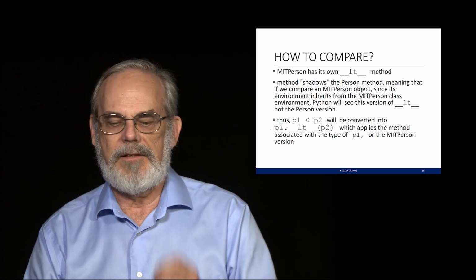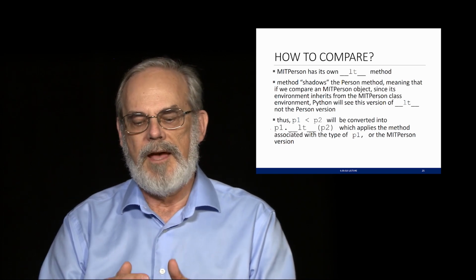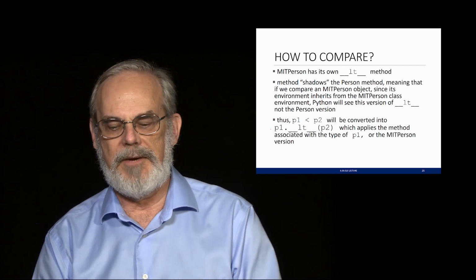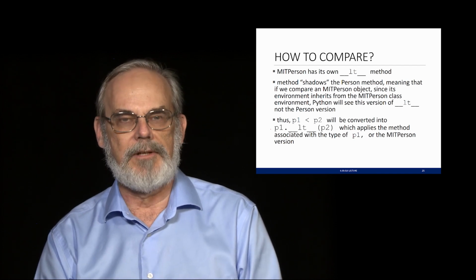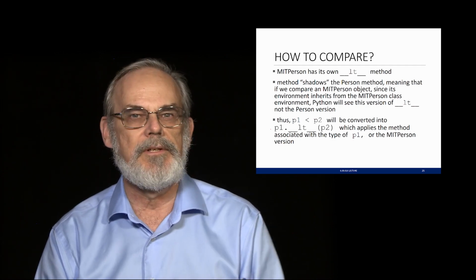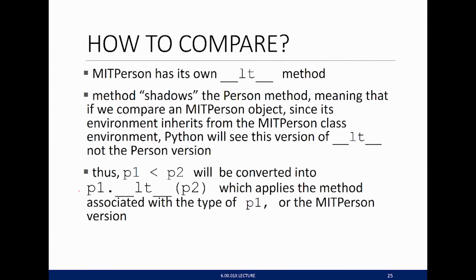What happens is that MIT person as a class has its own less than method. And that method shadows the person method, meaning if we compare an MIT person object, since its environment inherits from that person class environment, it will see this version of less than. It won't see the person version of it. As a consequence, when we ask is P1 less than P2, that is literally converted into this form here.